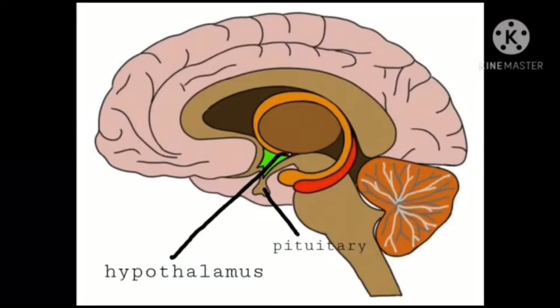It is controlled by the pituitary, a small gland at the base of the brain. This gland manufactures, among other substances, gonadotropins, which are the stimulating hormones of the testicle.